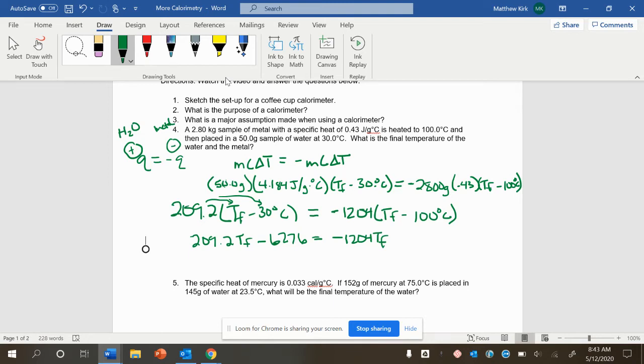It's negative 1204 times negative 100. So it should be plus 120400. Again, I did mass times specific heat. And then in my next step, I distributed. Now I want to go ahead and group like terms. So I'm going to add 6276 to both sides.